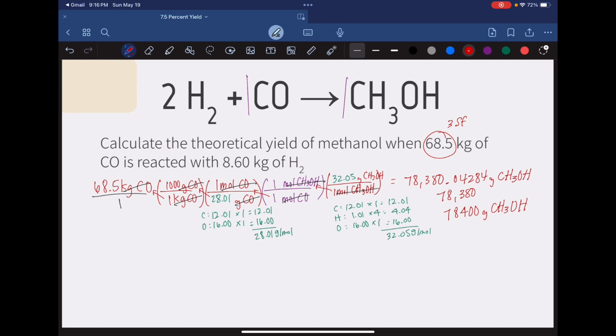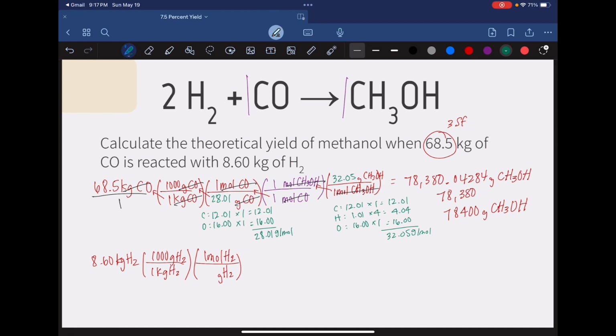Now you think you're done, but unfortunately you're not, because we have to do the same with hydrogen. So 8.60 kg of hydrogen. Same steps, we have to convert from kilograms of hydrogen to regular grams of hydrogen. Draw my line because I'm going to do the molar ratio. I know grams of hydrogen will be at the bottom, 1 mole is at the top.